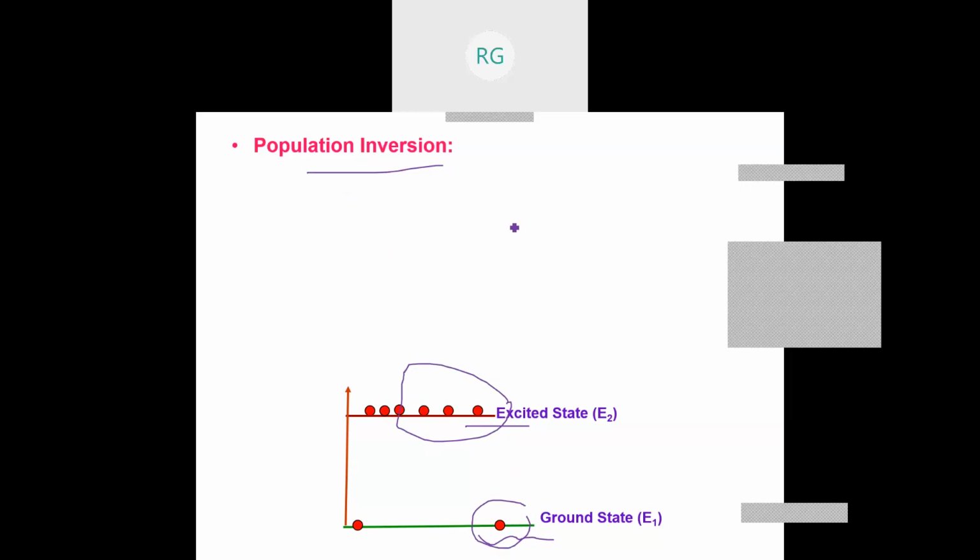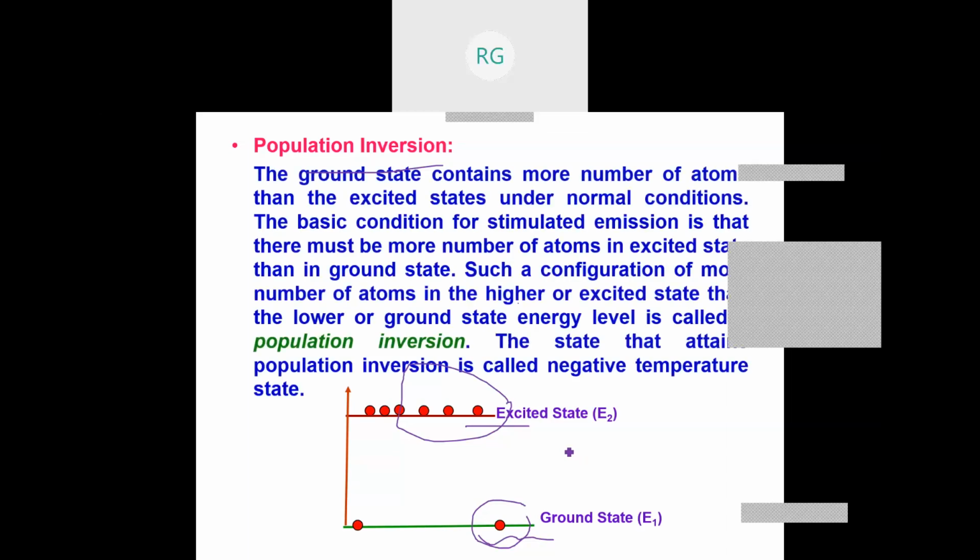So population inversion is a must for laser action. We have seen in the earlier class that the ground state contains more atoms, but now we use some external method to push atoms from the ground state to the excited state. Then they come down from the excited state to the ground state, releasing some energy.